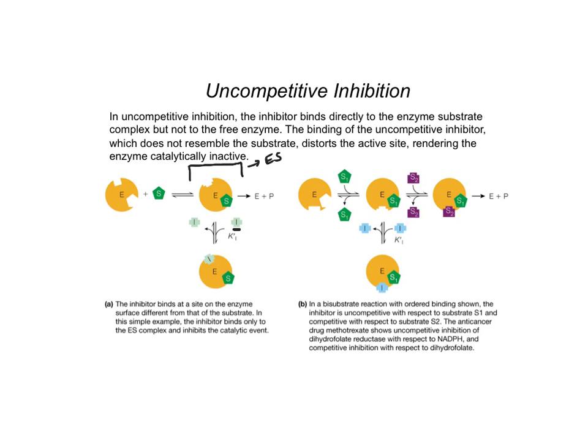No, because substrate is already bound. So in uncompetitive inhibition, we usually get binding at some secondary site away from the active site. That binding at the secondary site causes some sort of conformational effect on the protein so that it can't catalyze its reaction, and so we don't get catalysis. Again, this is also reversible.